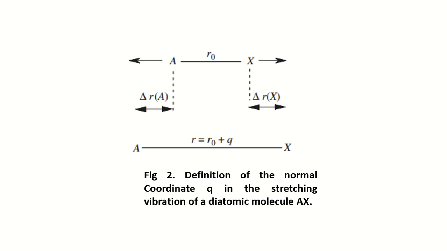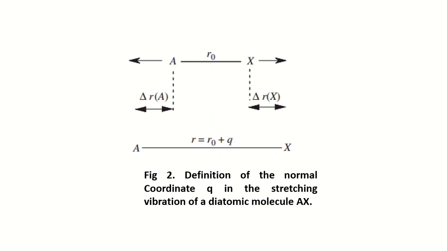One can consider the two nuclei in the A-X bond to be attracted by an imaginary spring that allows them to simultaneously stretch to their maximum amplitude, pass back through their equilibrium bond length, and then contract to some minimum distance in sync with one another.